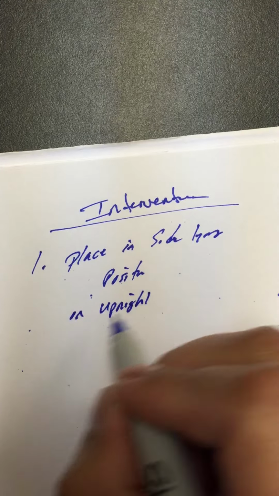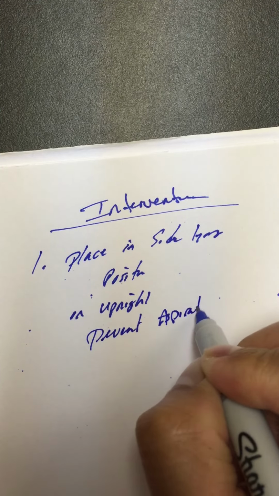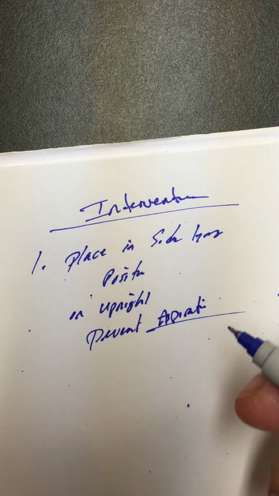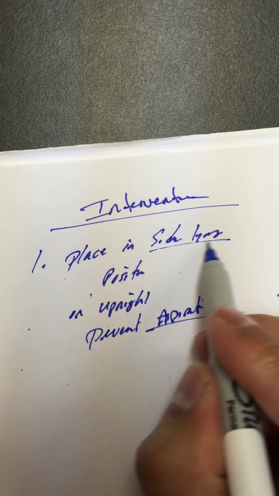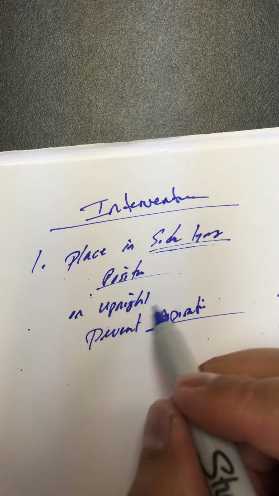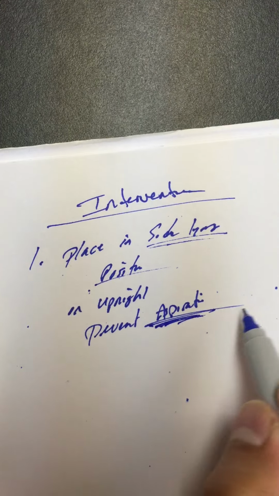Okay, the goal here is to prevent aspiration. Again, if your patient has any likelihood of getting seizures, you want to put them in a sideline position. Any stroke patient, again, sideline position. If not, semi-upright or upright position. Again, you're trying to prevent aspiration.